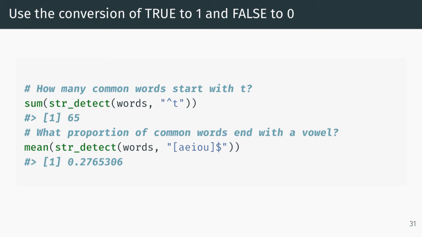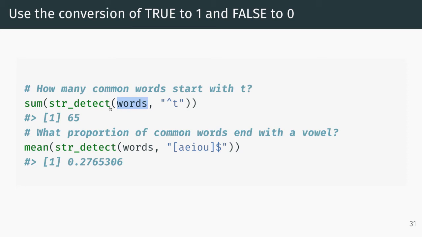Now we can use the fact that a Boolean true is equal to 1 and false is equal to 0. So there are 65 words that begin with the letter T in the words list. There's a list of about 980 common words in the stringr package, and in that list, 65 of them start with the letter T. Each time that str_detect finds one of them, it returns true.